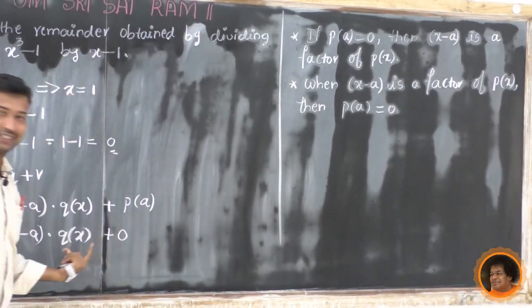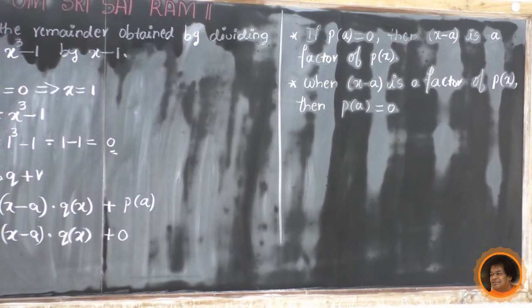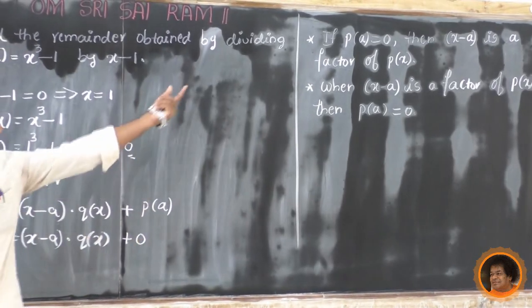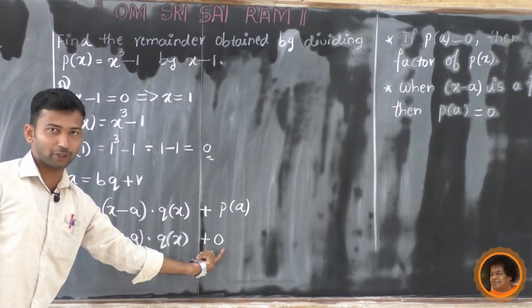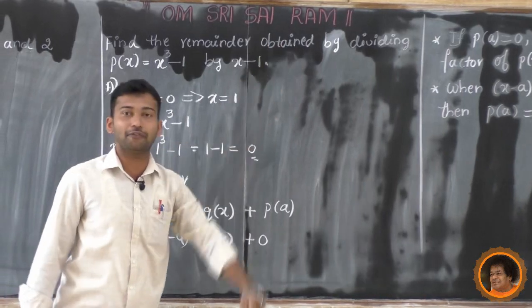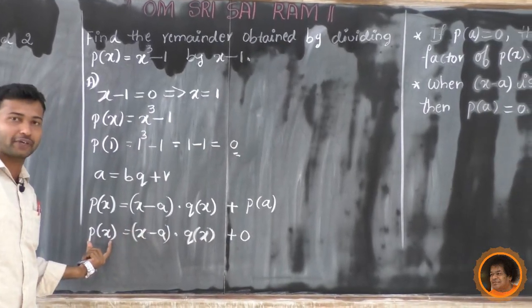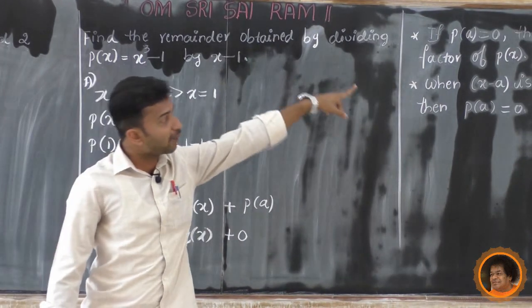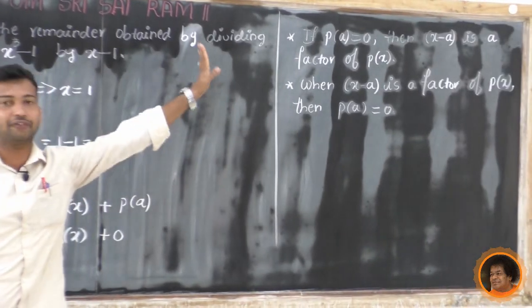We already have the expression p of x is equal to x minus a into q of x plus 0. P of a is equal to 0. Yes, we have p of a equal to 0. Then x minus a is a factor of p of x. Yes, x minus a is a factor of p of x. Second, when x minus a is a factor of p of x, then p of a equal to 0.